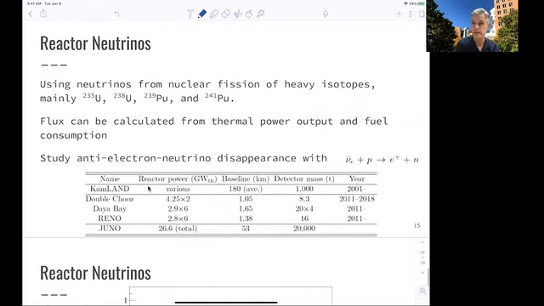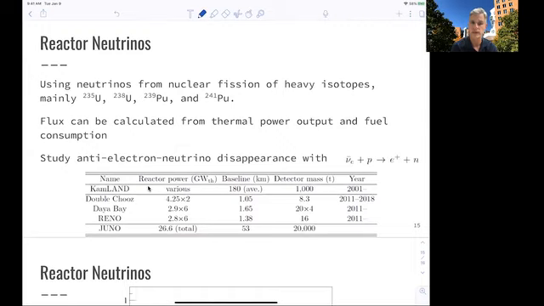All right, the last source is reactor neutrinos. We will talk about nuclear physics starting from next week. Here neutrinos are produced in nuclear fission of heavy isotopes, mainly uranium and plutonium. The flux can be calculated in various ways, for example, by knowing the nuclear processes and the thermal power produced in the reactor, or by just looking at how much nuclear fuel is being used by the reactor itself.